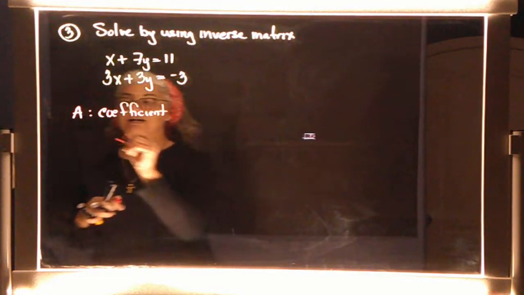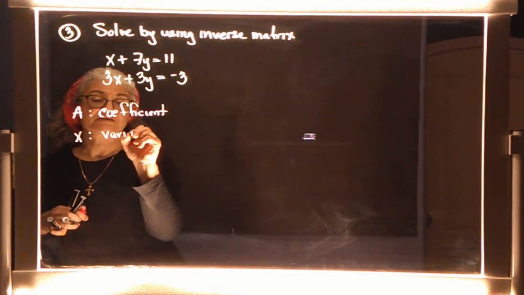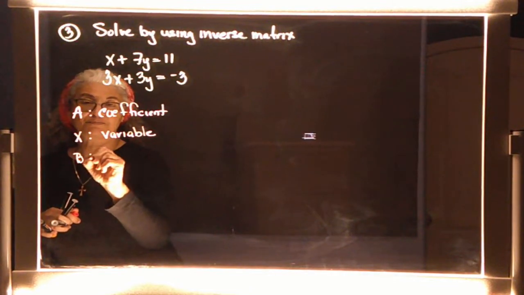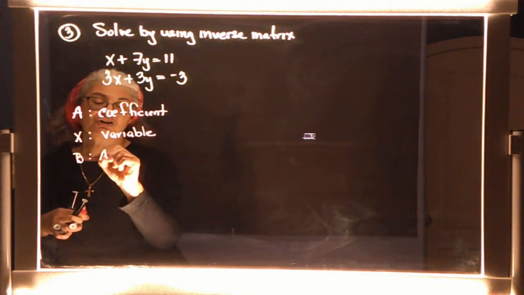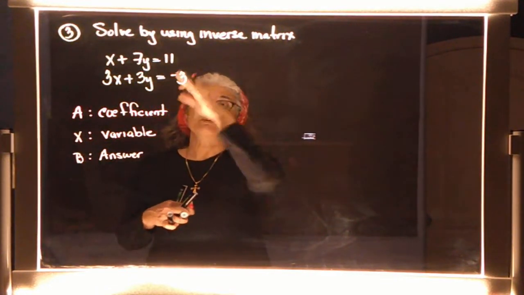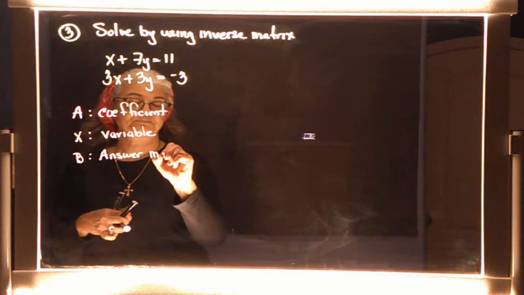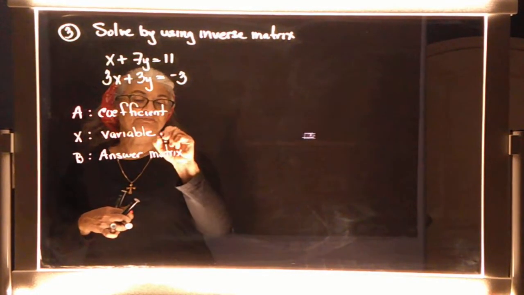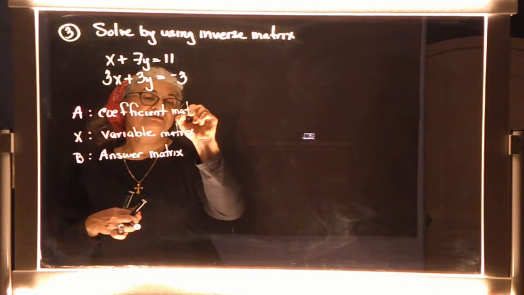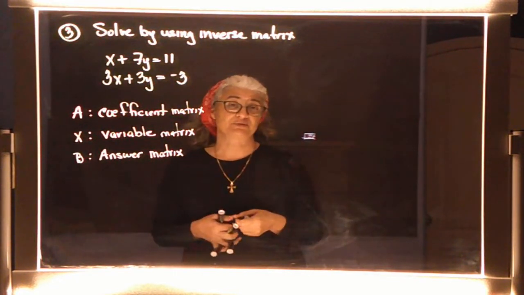And then I'm going to set up matrix X, which is my variable matrix. And then I'm going to set up matrix B, which I'll call the answer matrix. It's what the numbers are actually equal to. Okay? Now, the coefficient matrix is dealing with the coefficients of my variables.